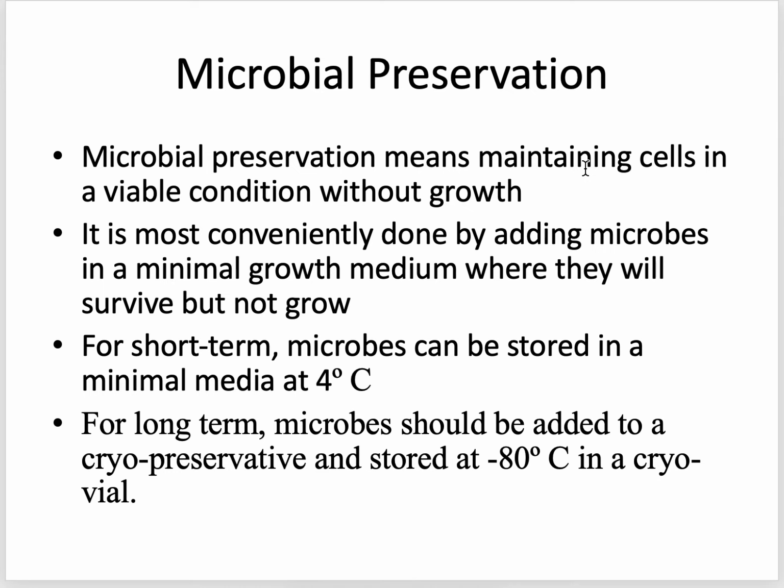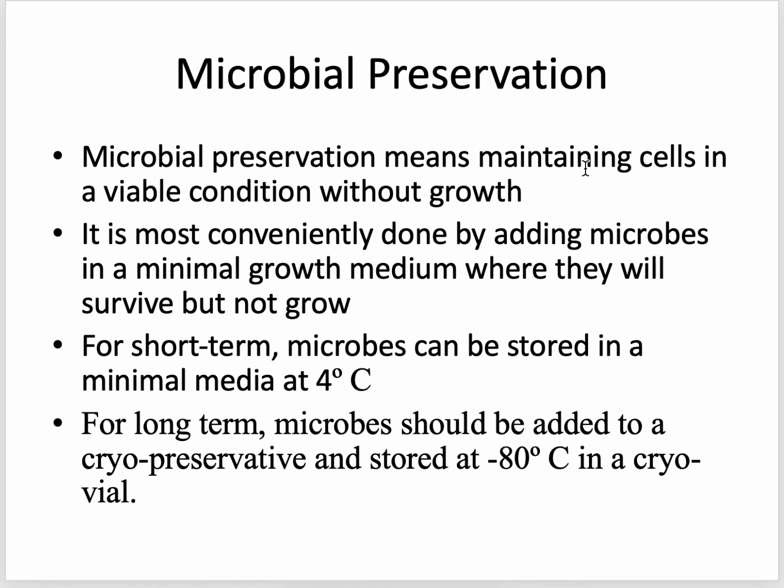Well, the reality is that at 4 degrees Celsius the cells actually can multiply, but the rate is very slow. That's why we can store microbes at 4 degrees Celsius, but not for a very long time. We preserve microbes at 4 degrees Celsius only if we want to store them for a short time.